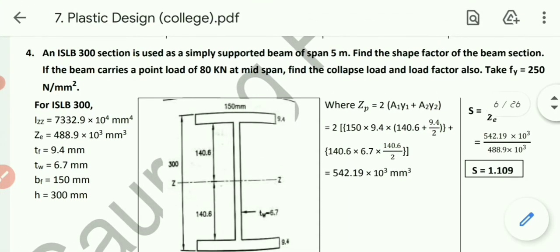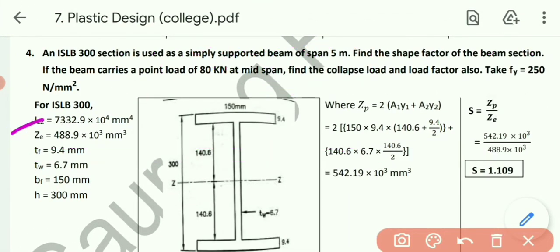So we have got moment of inertia IZZ, ZE elastic section modulus, thickness of flange, thickness of web, width of flange, and height, that is 300 mm, or we can say depth. Similarly as we have done previously, ZP is 2 times (A1Y1 plus A2Y2). We need to calculate this with respect to the neutral axis.